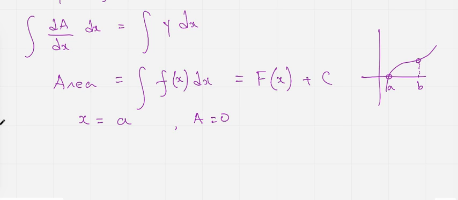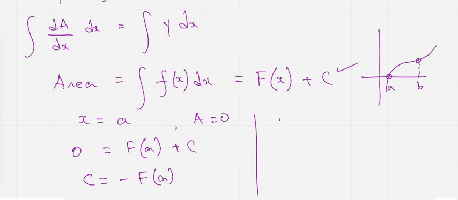So it means if I pick up my equation, this one, my area is 0, so f of a plus c, so the constant c is equal to minus f of a. And then I ask what is going to be my area at point B? At point B it is going to be f of b plus c, so it is going to be f of b minus f of a, because c is equal to minus f of a.